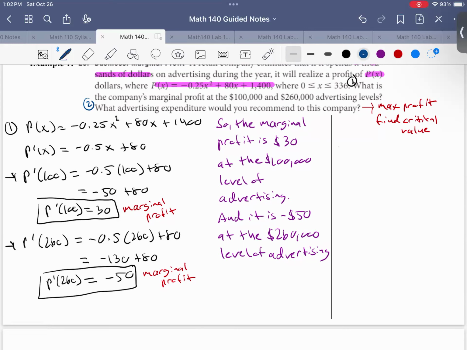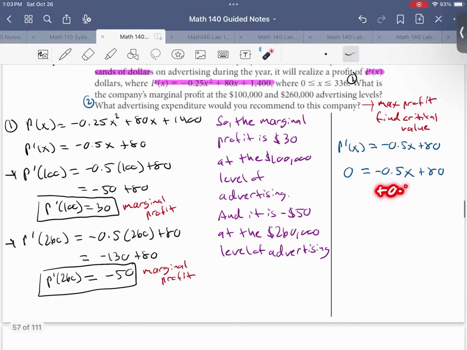So I have the derivative, just rewriting it from before: negative 0.5x plus 80. To find that max, I need to set this equal to zero and solve for x. So zero equals negative 0.5x plus 80. I'm going to move the 0.5x to both sides, so that I have 0.5x equals 80.